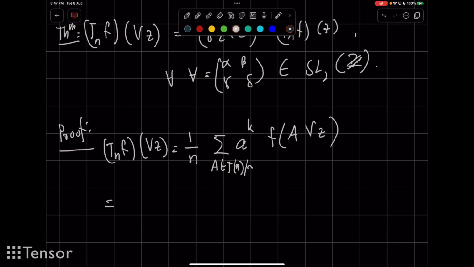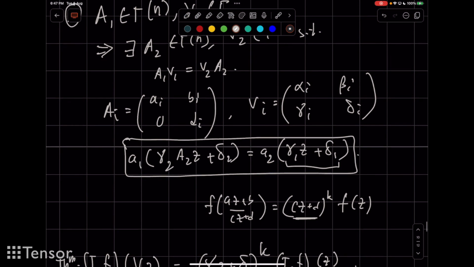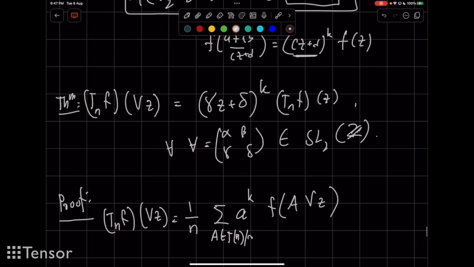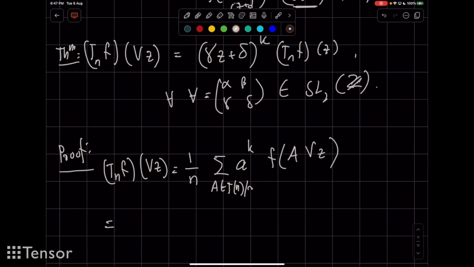And by the third part of the theorem, there is some V2 and A2 such that A V1 equals V2 A2, right? So we get the sum of a to the power k f of V2 A2 z.